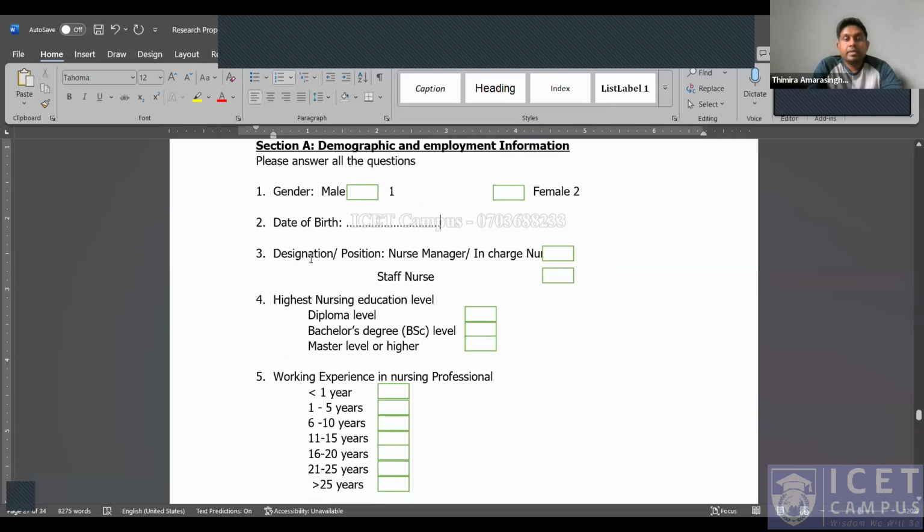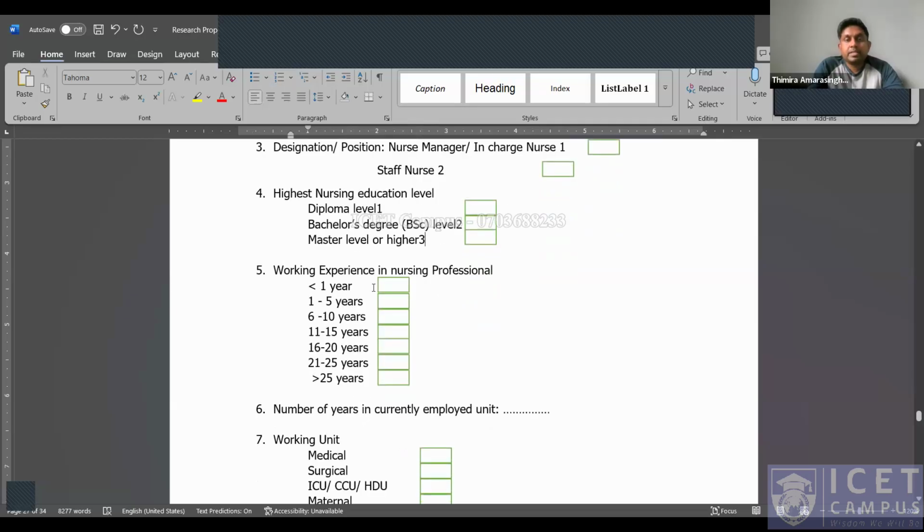And regarding these designations, positions, nurse managers, I can use number 1, and staff nurses, I can use number 2. Education level, same. I can put like 1 for the BSc level, 2 for master level, 3.